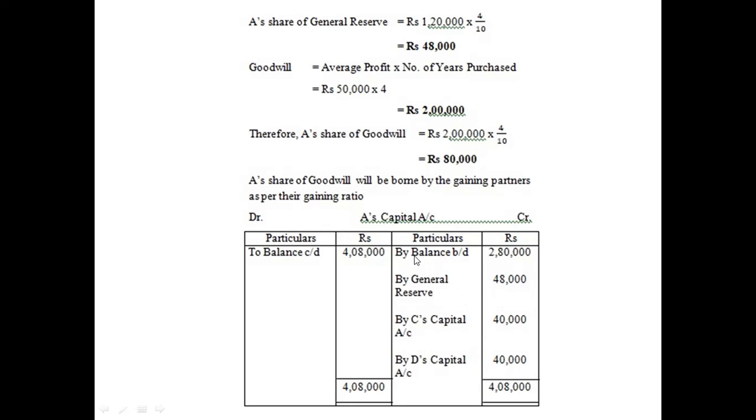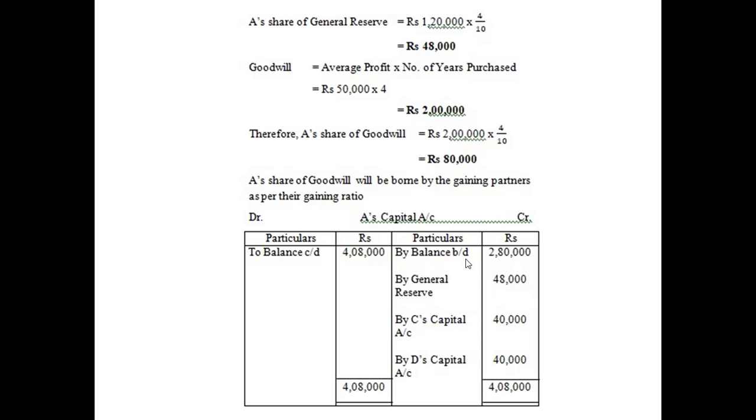First of all, we write by balance b/d. Have a look at the question. The balance is already given, 2,80,000. Since capital account is not a nominal account, its balance will start from the credit side. We have already done this in the second chapter as well as in the first chapter.